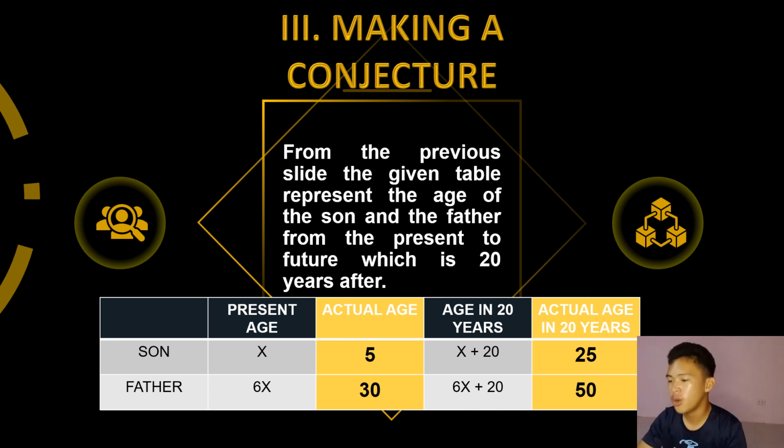And we all know that if we multiply 25 by 2, that would be 50. So we can say that the age of the father is twice that of the son. So our equation is correct.